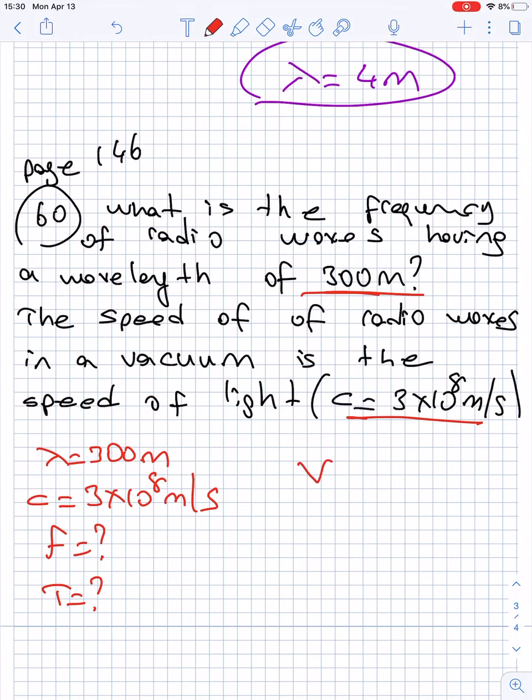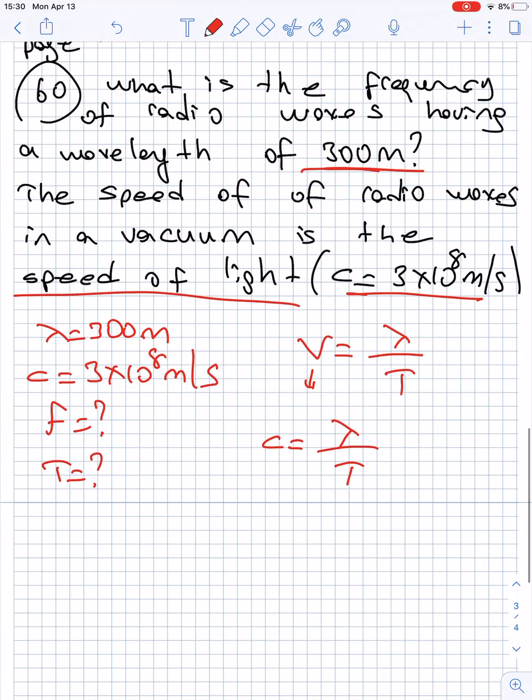Okay, when I use the speed formula, speed is equal to wavelength over period. Instead we have to write c because this is the speed of light. So c is wavelength over T. Speed of light how much? 3 times 10 to the 8 is equal to wavelength, 300 meter, over period, which we don't know.